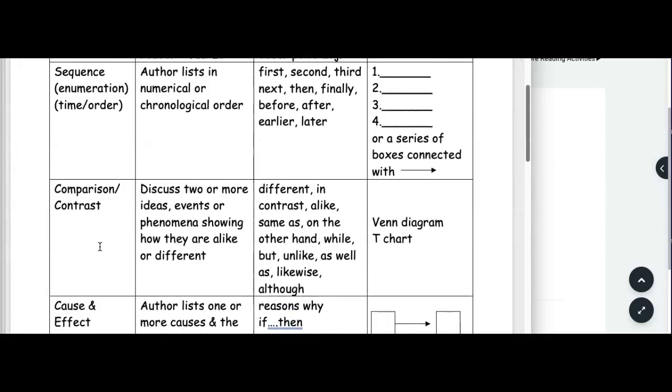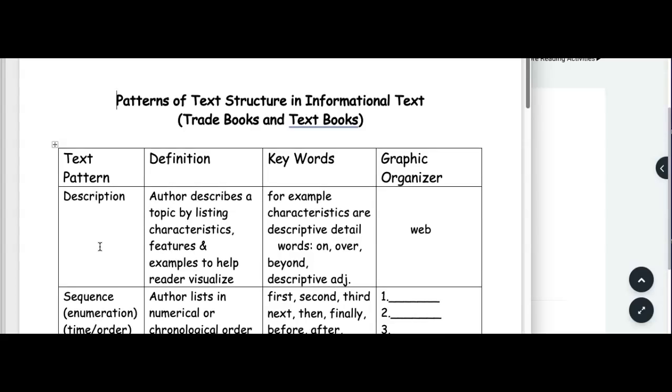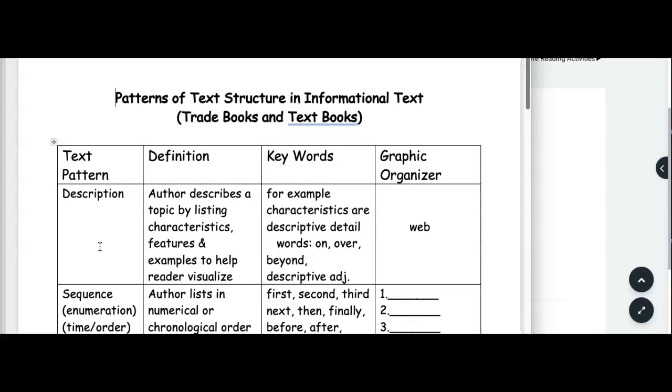Students don't know these text patterns, these structures. It's our job to teach those to the students so that they understand informational text much better.